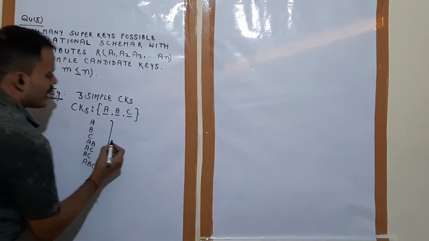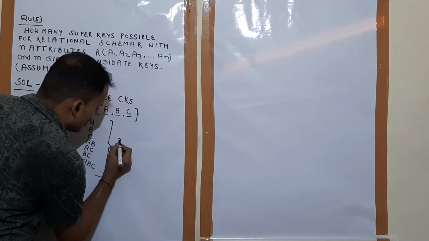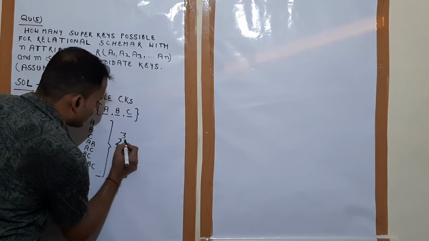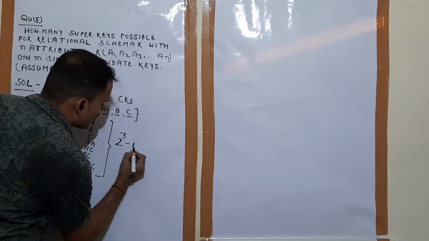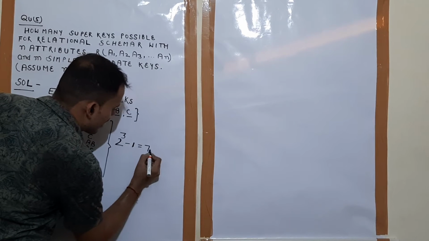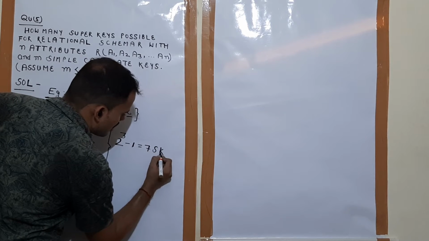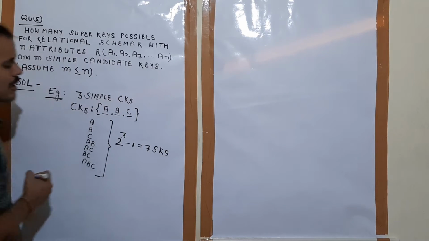Now this is 2 to the power 3 minus 1, which is equal to 7 super keys.